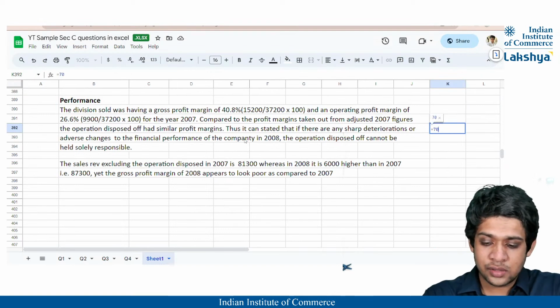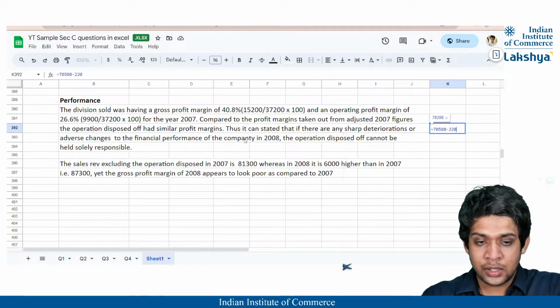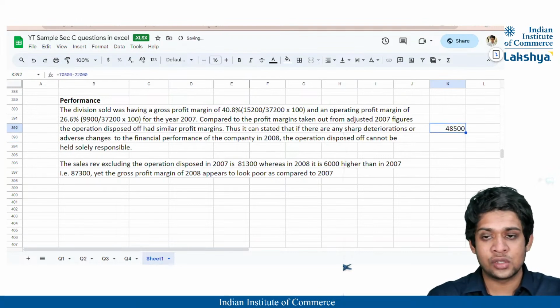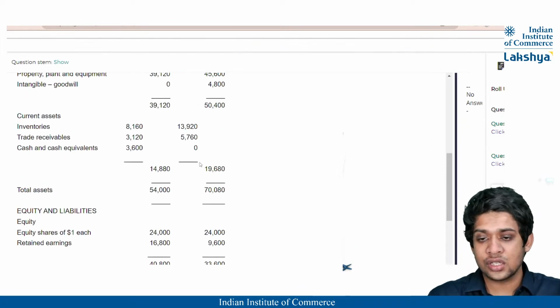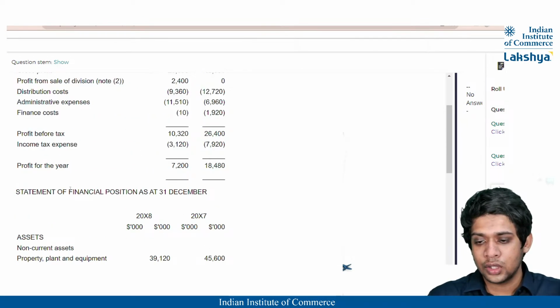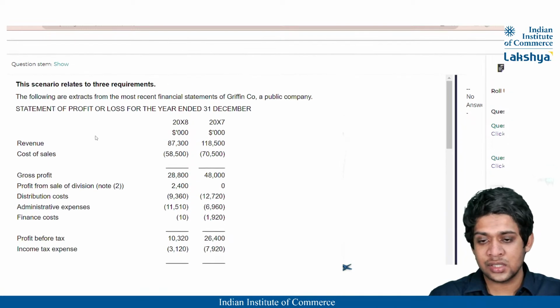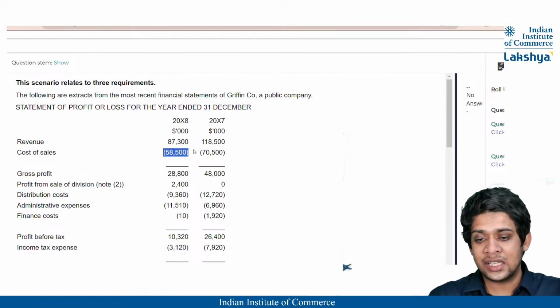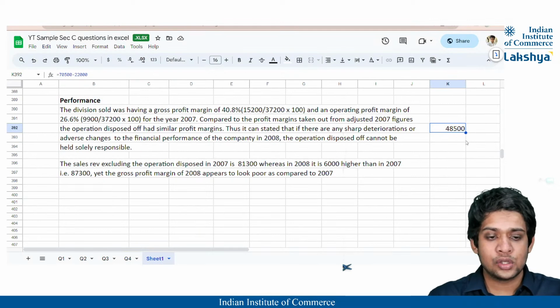So 70,500 minus 22,000, we will identify the cost of sales to be 48,500. And now the cost of sales have become how much for this year? Always remember you are comparing it with the adjusted, so don't forget to adjust. 58,500, right?